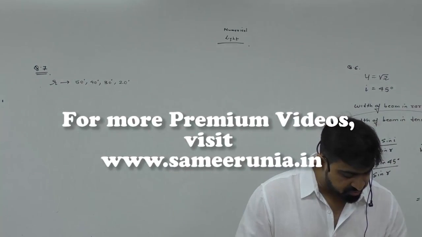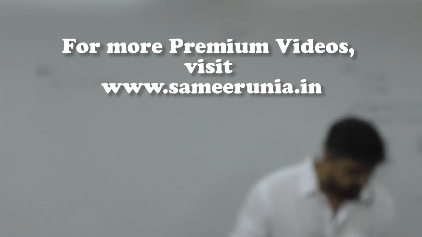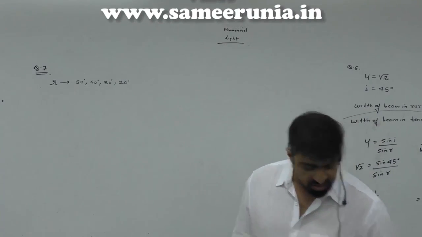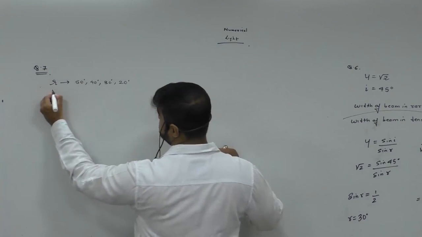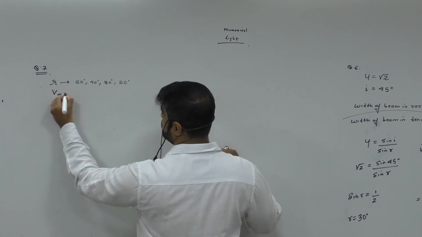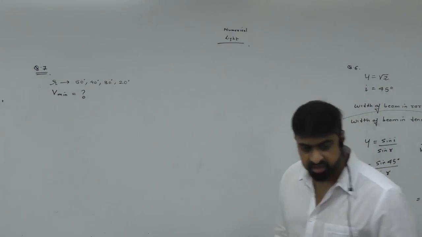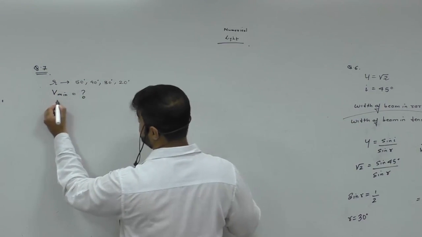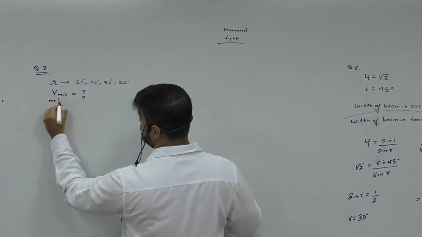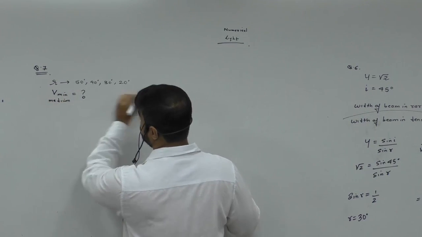The speed of light will be minimum in a medium for what angle of refraction?